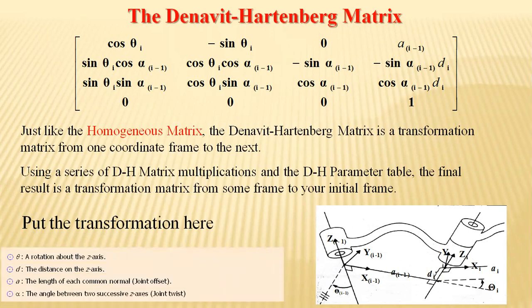Instead of calculating individually the rotation about the x-axis and the translation, the result obtained from this rotation would need to be multiplied again with the sliding motion calculations, and we obtain another answer.